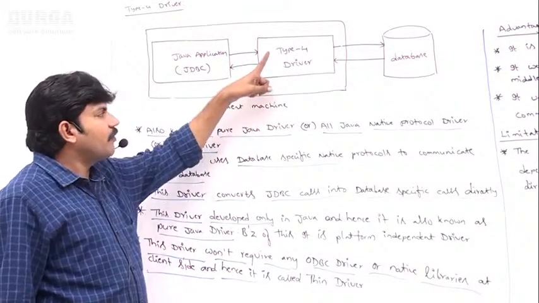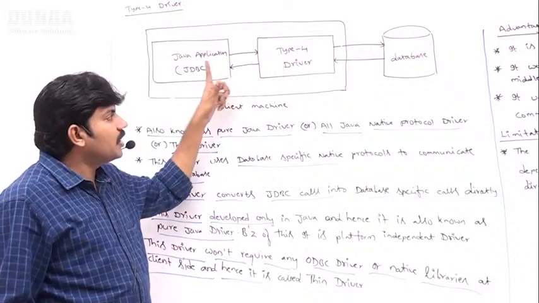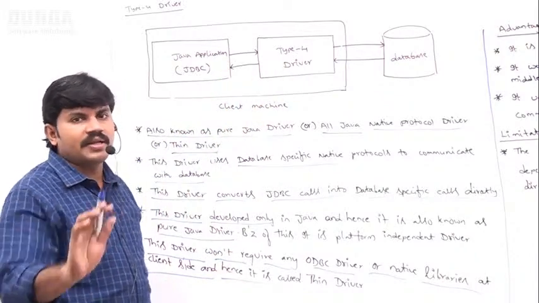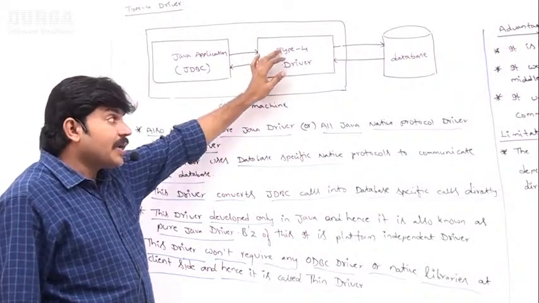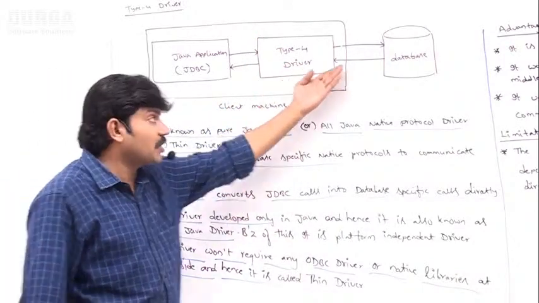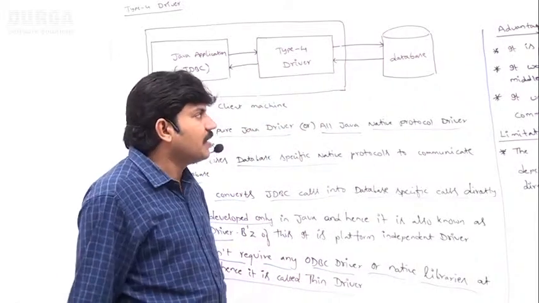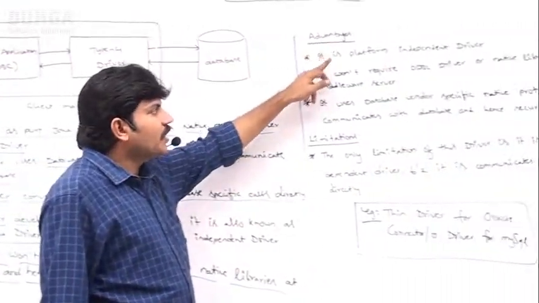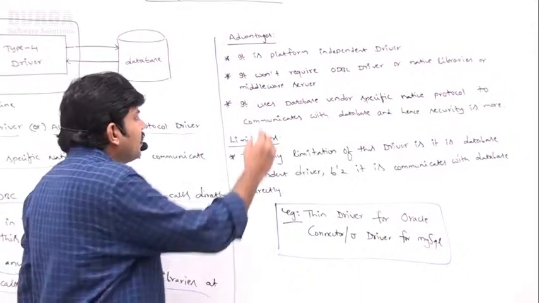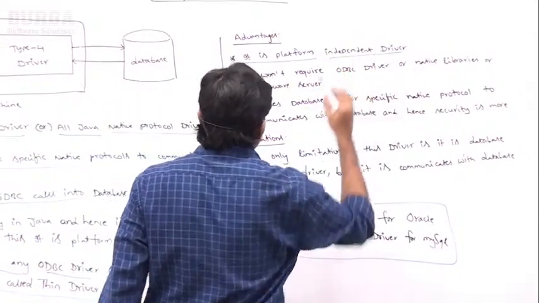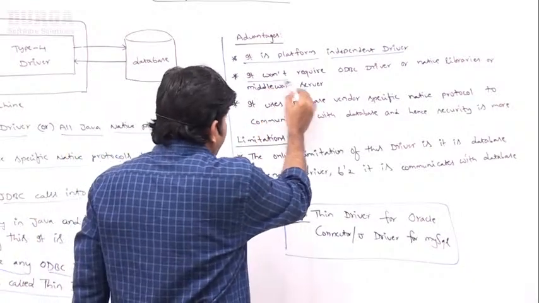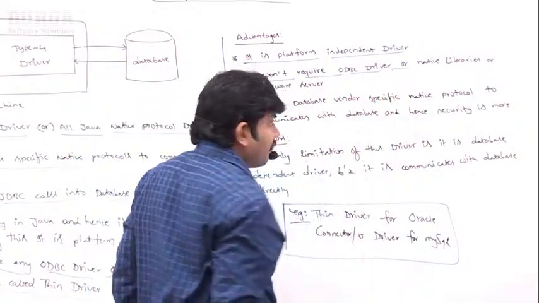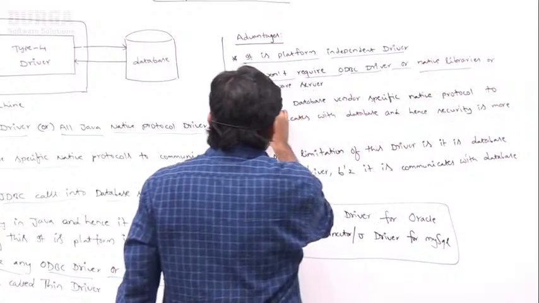Very simple. Type 4 driver converts JDBC calls into database specific calls directly. It is the platform independent driver, but it is the database dependent driver because it is communicating directly with the database, right? Next, advantages. The first biggest advantage here is it is a platform independent driver. Next, this driver won't require ODBC driver or native libraries or middleware server.